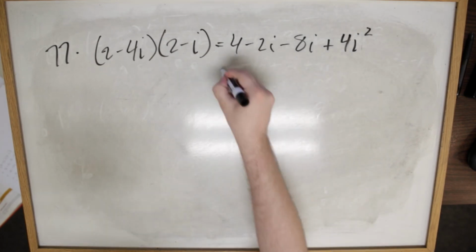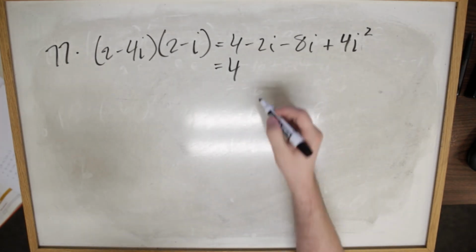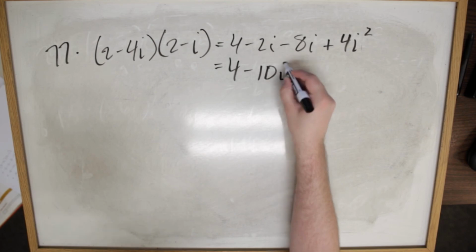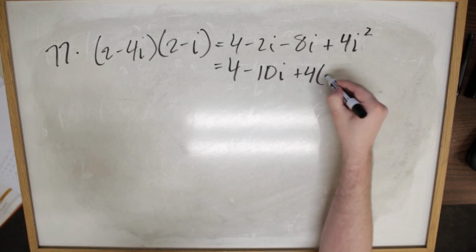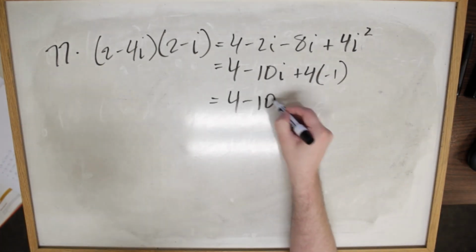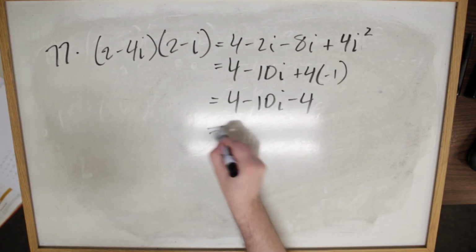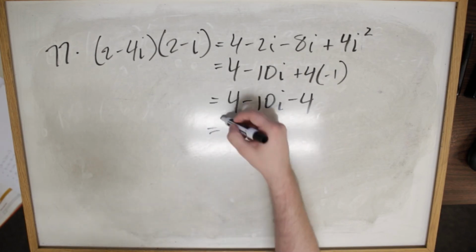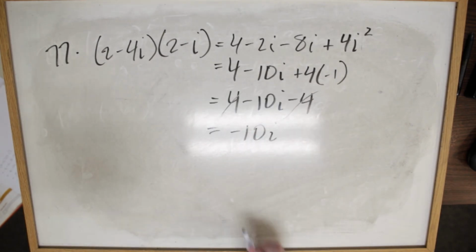Okay? I can merge these two pieces together, so this is going to be a minus 10i. This is going to be plus 4i squared, which is a minus 1. So 4 minus 10i minus 4. And then these cancel, as you can see, and minus 10i is my solution.